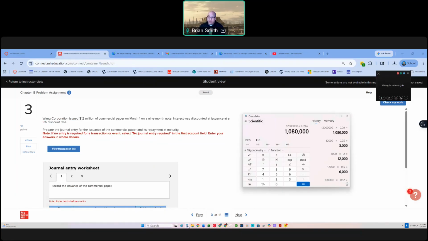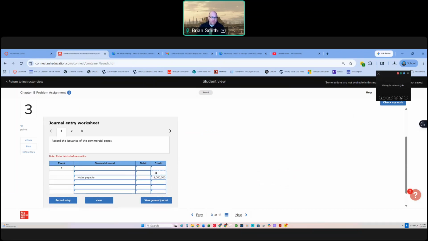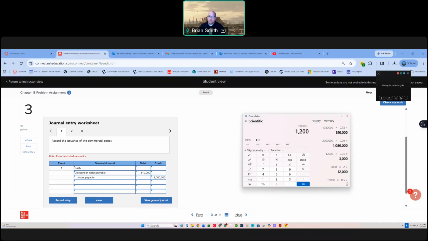So we're going to multiply this by 0.75. And I got $810,000 as our discount amount. And then the rest is what we collect in cash. So let's take 12 million minus the discount, which is 11,190,000.